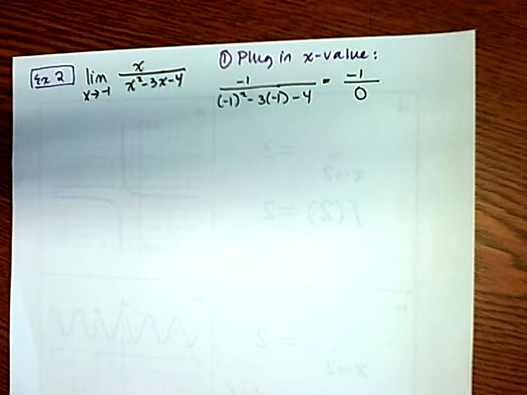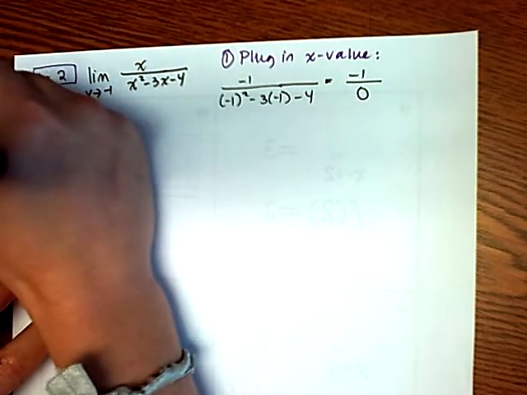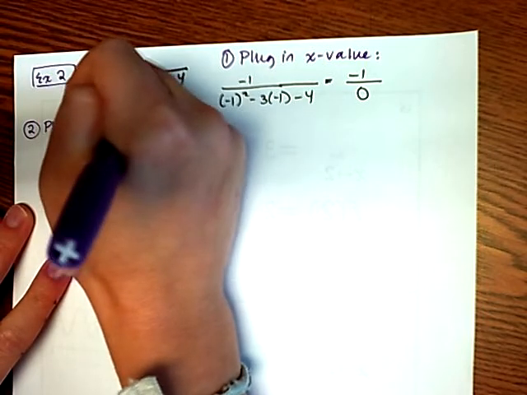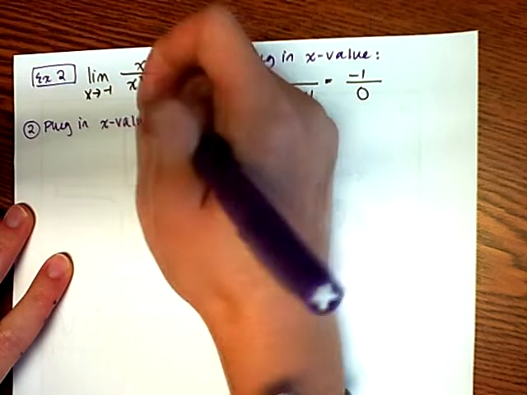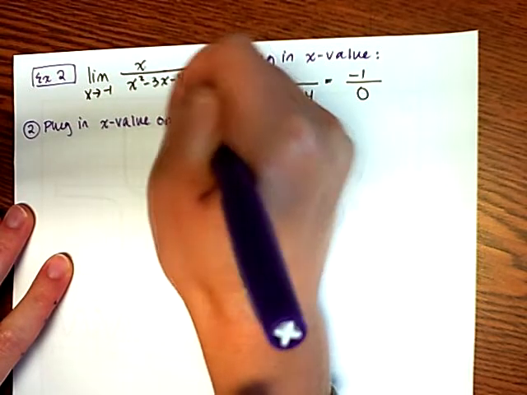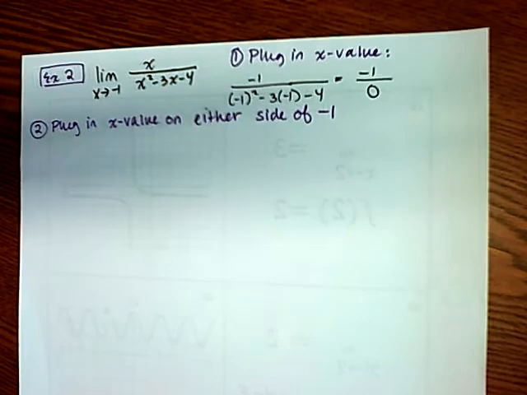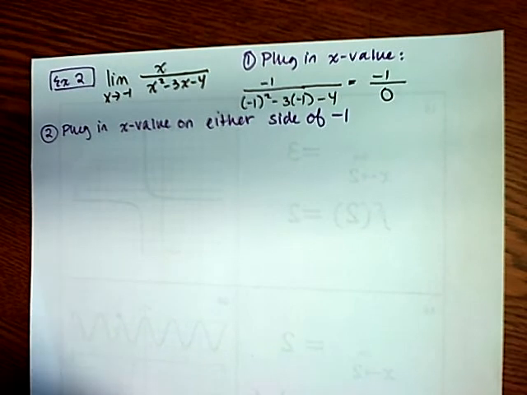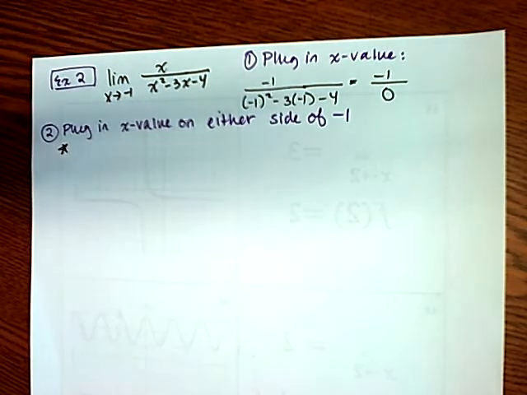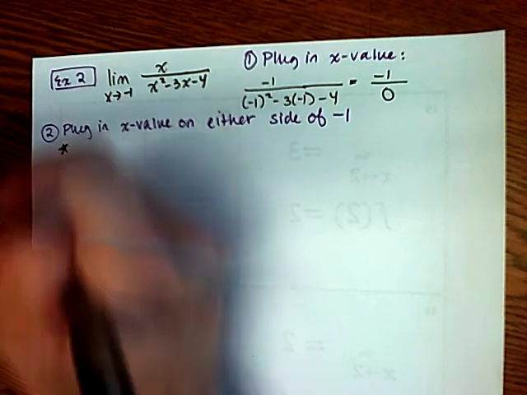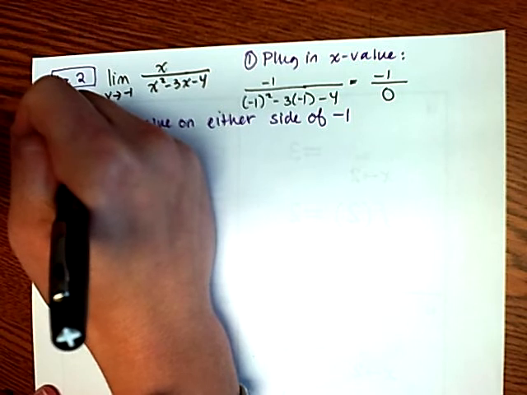Now we're going to be plugging in an x value on either side of -1. One quick thing I'm going to say here is that because we care not about the numerical value of our answer, but just the sign of our answer, it's going to be easier to figure that out if you factor first.